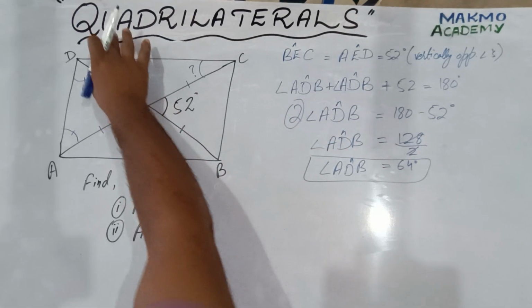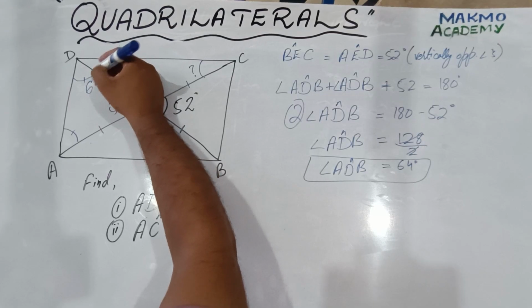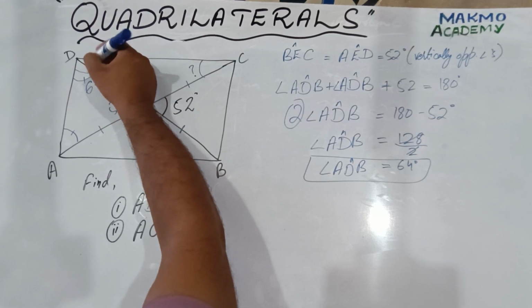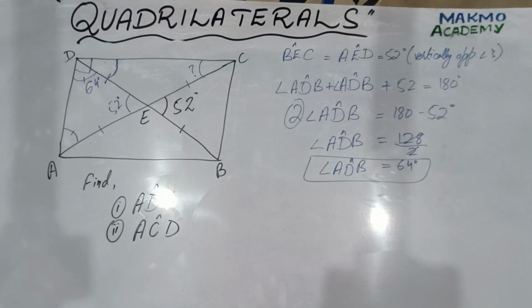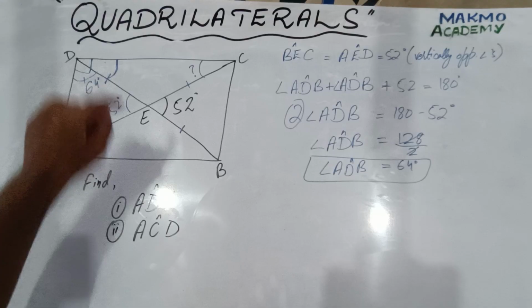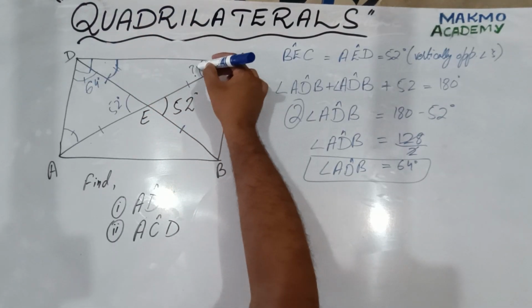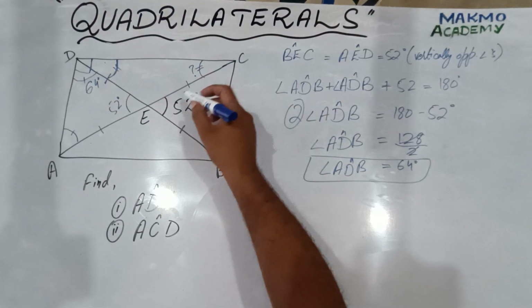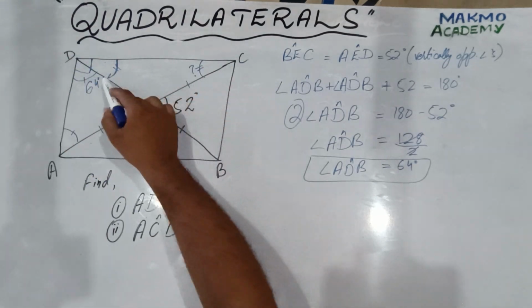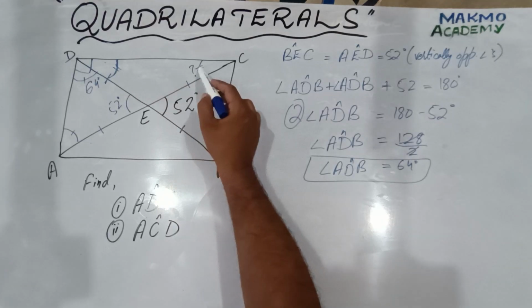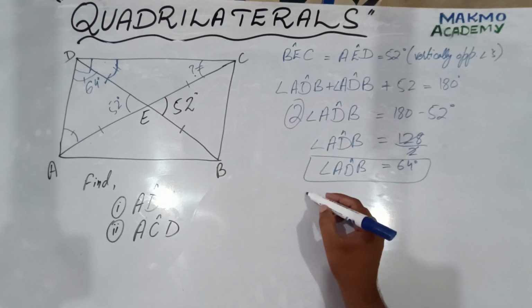Now since we know the size of this angle is 64, if we subtract it from 90, we will get the size of this angle, this part. Whatever the size of this part is, the size of this would also be equal, because again it's an isosceles triangle, since two sides are equal in length. So let's start finding it.